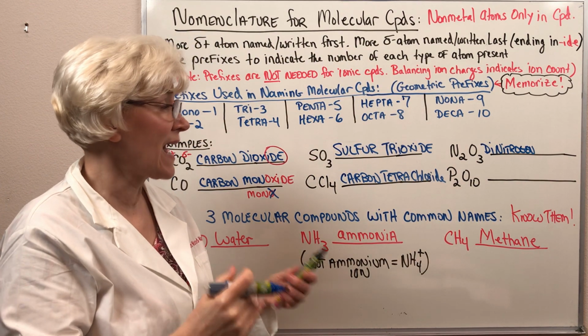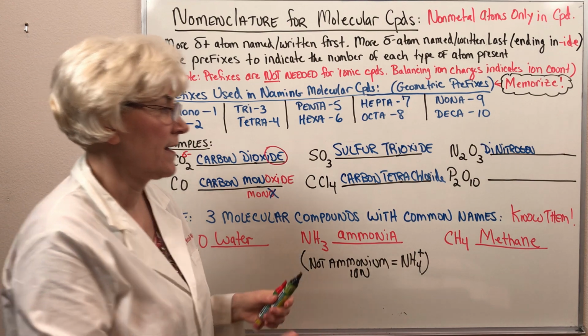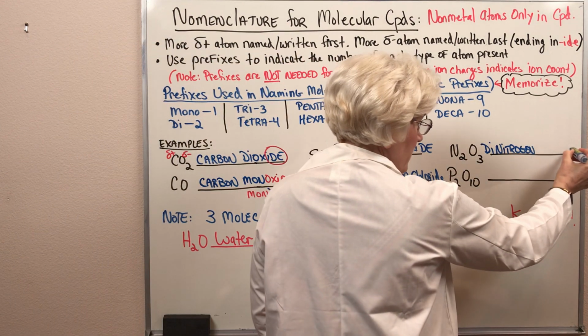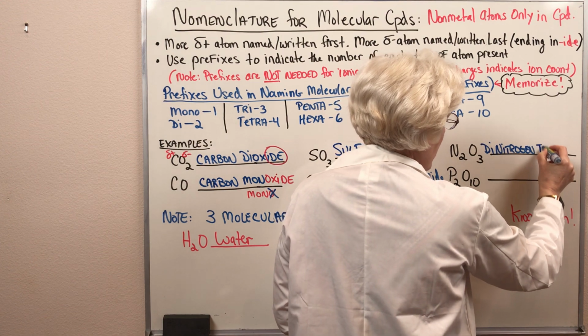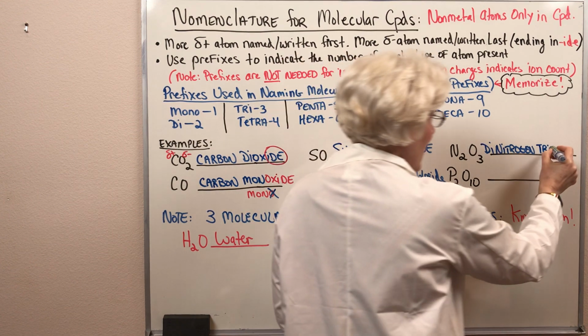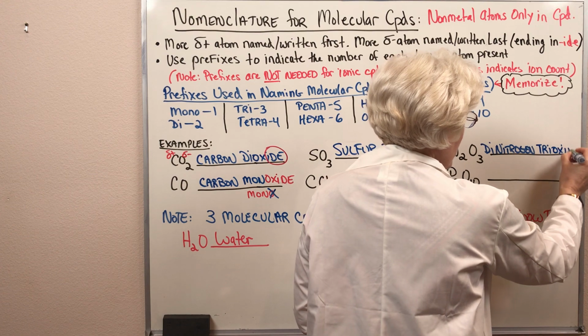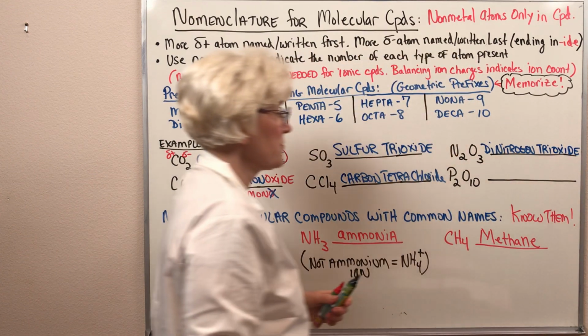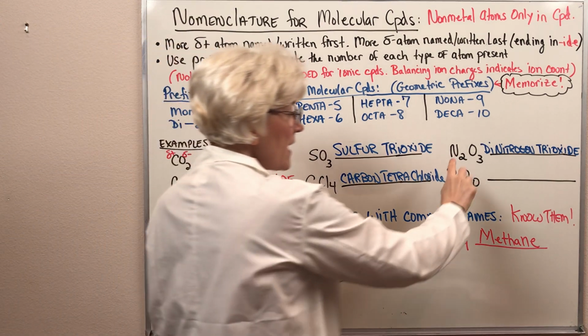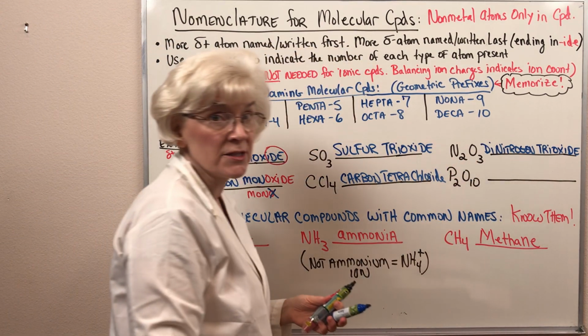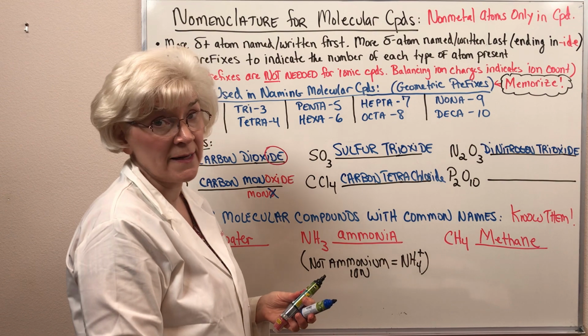So it's just dinitrogen. And then I don't know that I'm going to be able to squeeze it in here, right? I'm going to try with a trioxide. Right, so just fitting it in. The name for this molecular compound, dinitrogen trioxide.